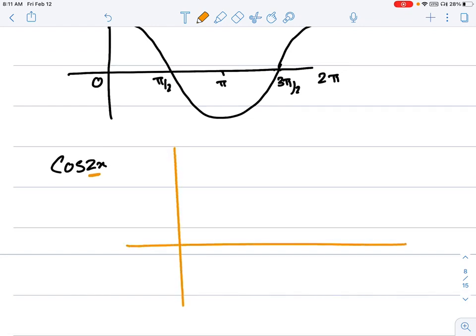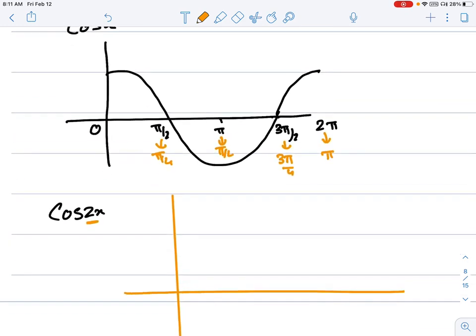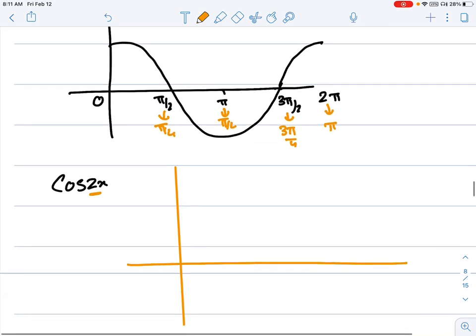So what will happen? This pi becomes pi by 4. This pi becomes pi by 2. This 3 pi by 2 becomes 3 pi by 4. And this 2 pi becomes pi. So all the x values get divided by 2. It remains the same shape, but all the x values get divided by 2 because it is cos 2x.